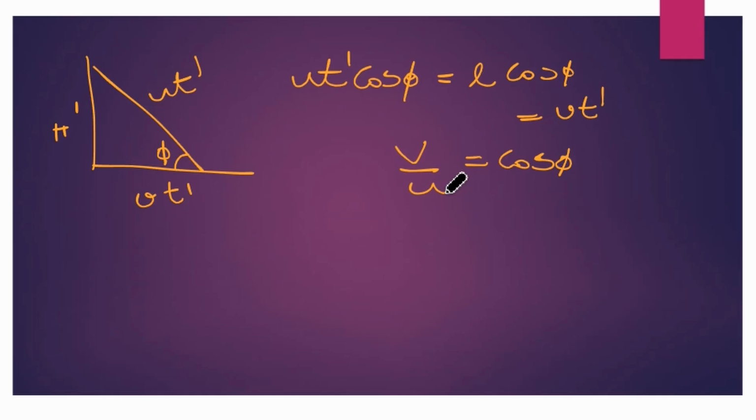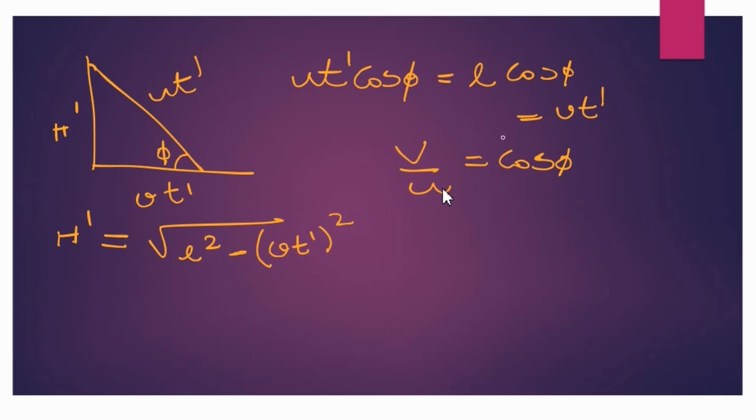Got it. Very good. Now h dash, from Pythagoras theorem, is nothing but the root of ut dash square minus vt dash square. Let's say the entire length it has covered, that will be L square minus vt dash whole square. Now how can I write t dash?